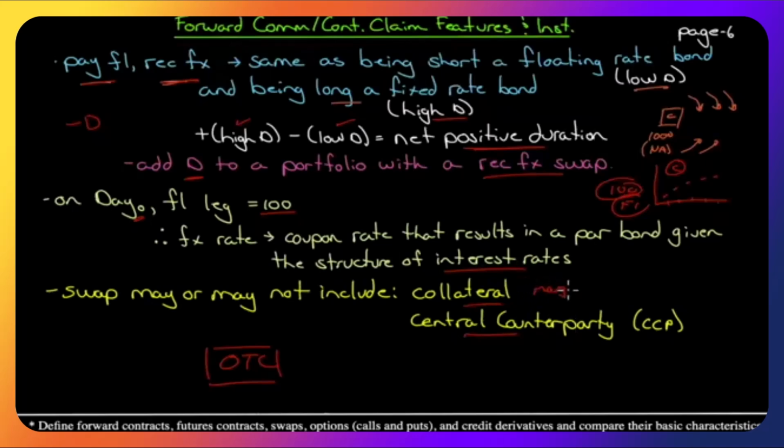You have to post the margin, and they may or may not include central counterparties, but more are starting to require that to happen. When we get to CDS, the credit default swap, all of them have become standardized. Even though they're over the counter, all of them have become standardized. All of them require a central counterparty because they can be extremely high risk to a system.